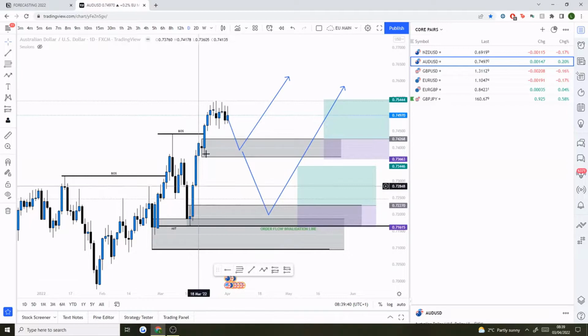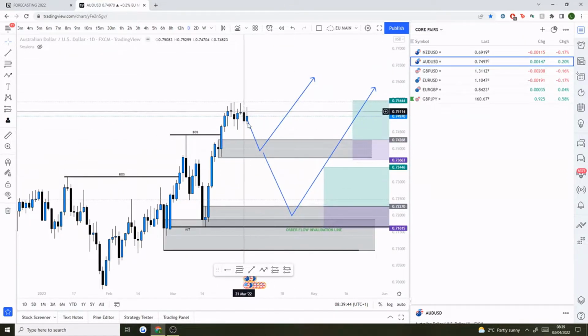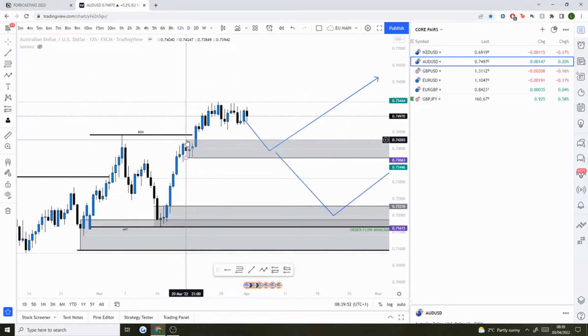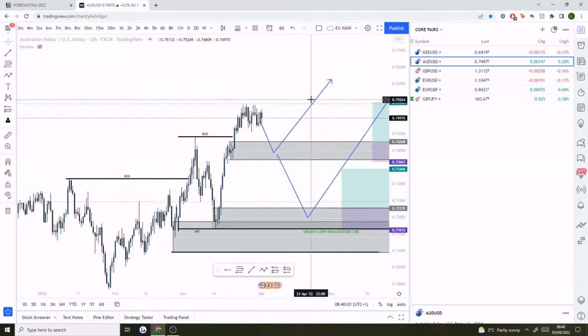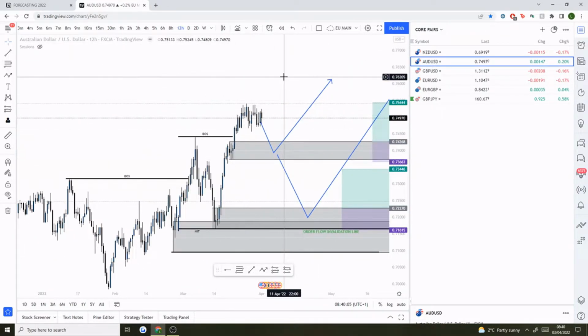If the institutions are committed to aggressively pushing the price upwards at this point, they might not want to pull price all the way back down here, and that's why I've marked this area on here. For me that makes sense as an area where the institutions can just trickle price back down to and then continue with their aggressive move. So we've got this impulse, correction, impulse, but it'll just be a smaller correction.